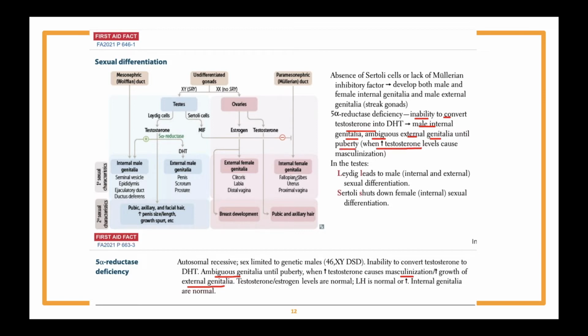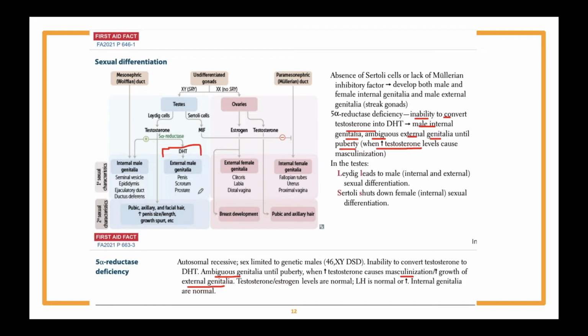Now you can see there on that diagram on the left side in the blue shaded area that DHT leads to the development of external male genitalia, so the penis, the scrotum, and the prostate. So because this patient didn't have DHT, this is probably why at infancy it was thought to be a clitoris and thus clitoromegaly, okay?